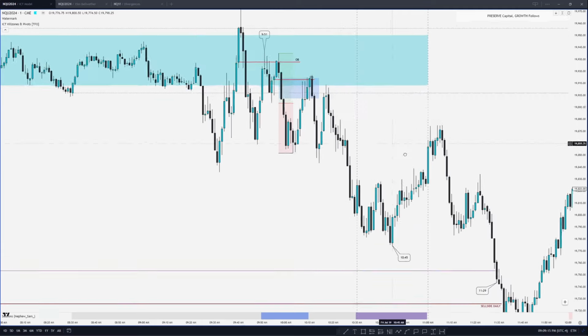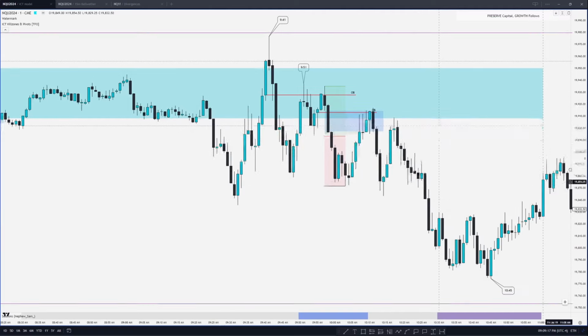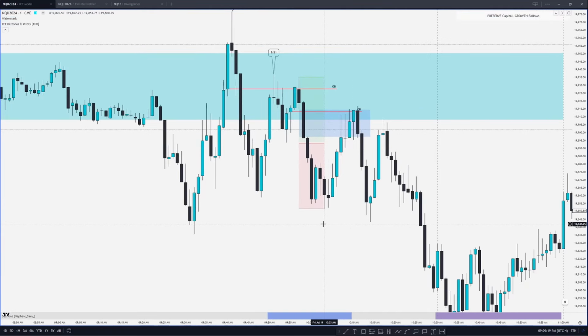If you've been on the streams for a while, you know that if there's a volume imbalance present within an order block that has consecutive candles, meaning there are consecutive candles that create the order block, the volume imbalance will actually shrink the selected order block.